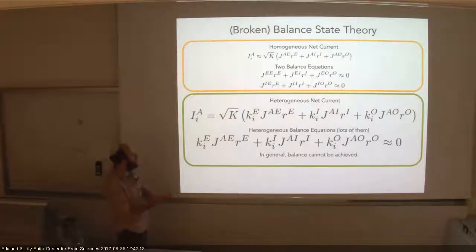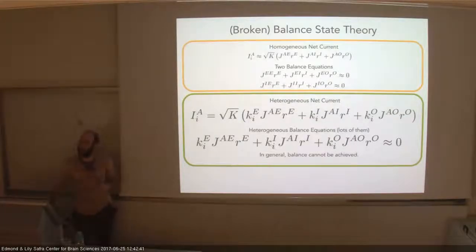If they are perfectly correlated, if K_IE equals K_II equals K_IO, then we could just pull the common term out, and we would have balance again. So it's in principle possible for a network with a broad distribution of indegrees to have balance, but it would require that the excitatory, inhibitory, and external indegrees, the three different sets of indegrees, all be aligned.